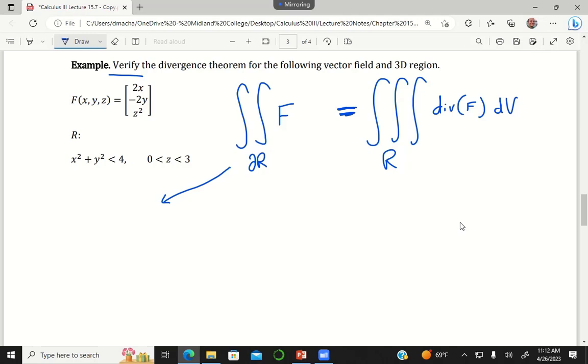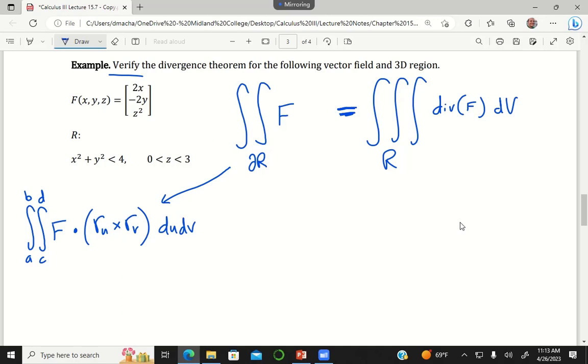For a surface integral over a vector field, the formula that I can remember is that this is equal to a double integral with some bounds of my vector field dot product with the cross product of the partial derivatives with respect to my parameters of my parametric surface, and then I take that integral with respect to my parameters u and v.